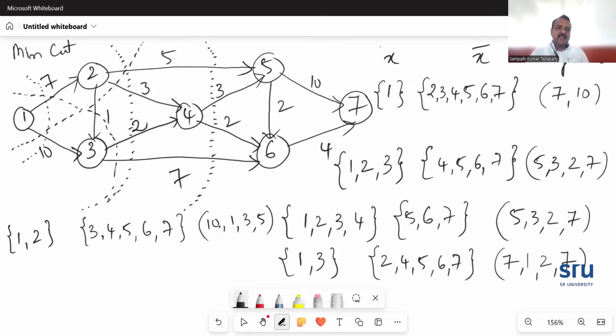Now there is another way I can cut. What is the other way? So 1, 2, 3, 4, 5. I can also cut my graph in this way.